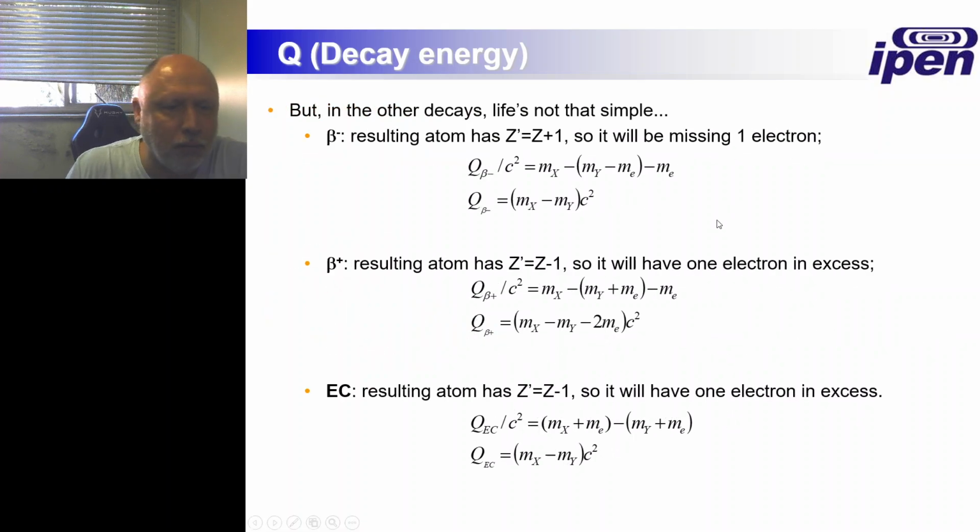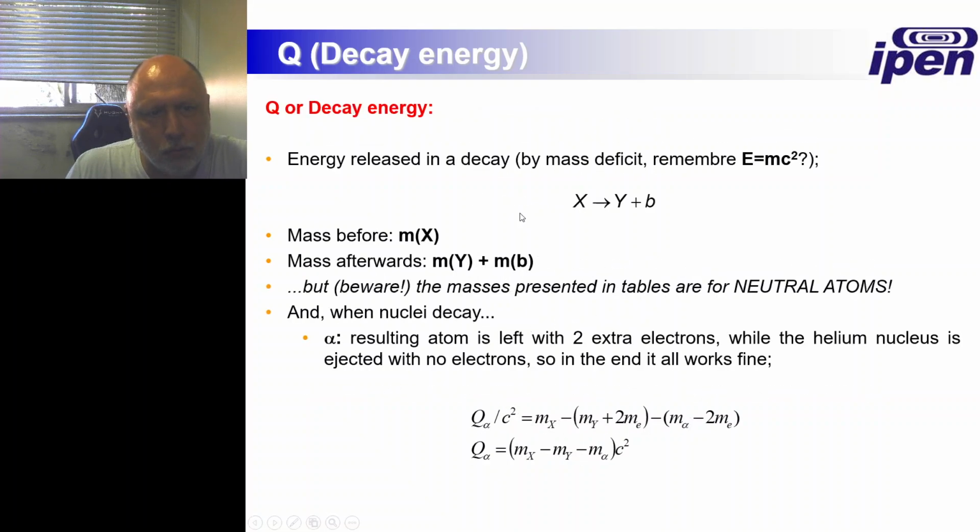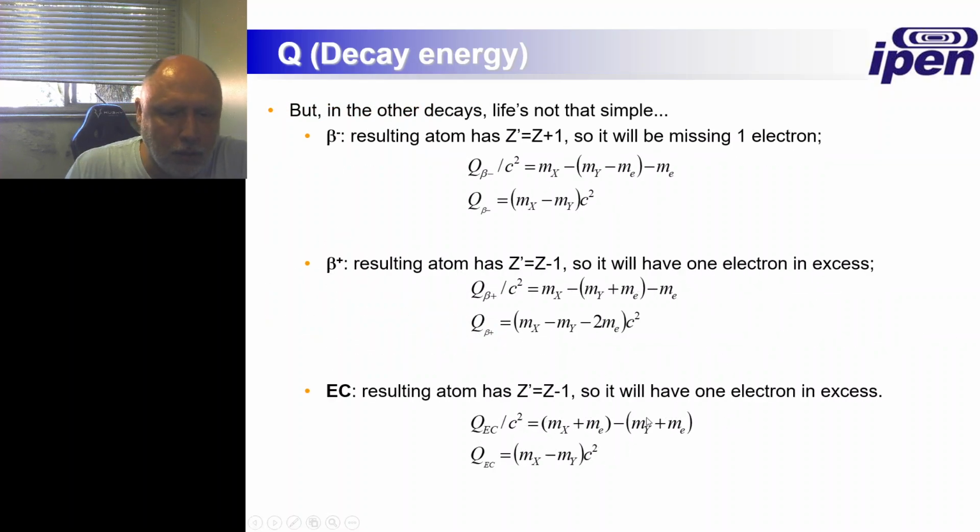It's in excess, right? And on electron capture, once again, the same thing happens. It has one electron in excess, so what we had before, X and one electron, right? There's an electron here. And on the other side, it has one electron in excess, so what is emitted is like this.